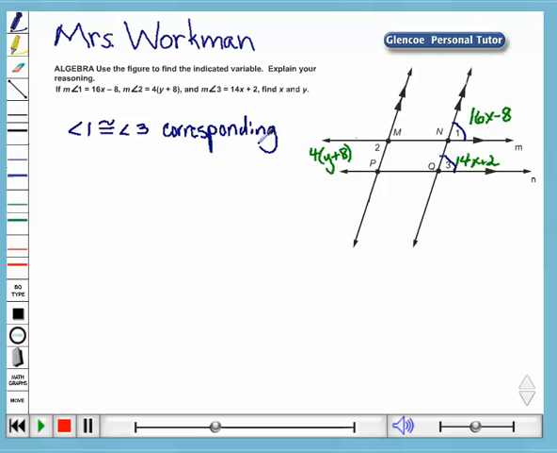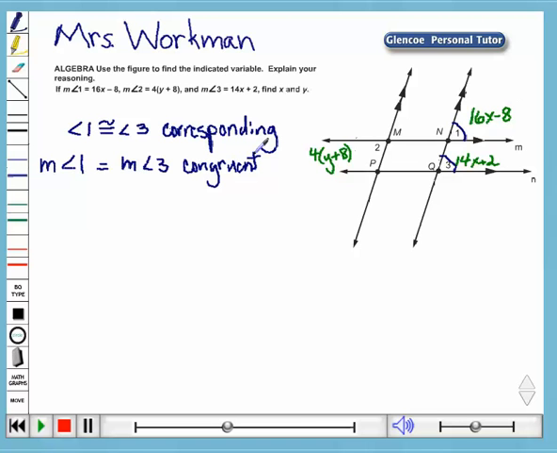In other words, angle 1 and angle 3 are corresponding angles, and because these lines are parallel cut by a transversal, those corresponding angles are congruent. So the measures of angle 1 and angle 3 are equal, and that's the definition of congruent angles.